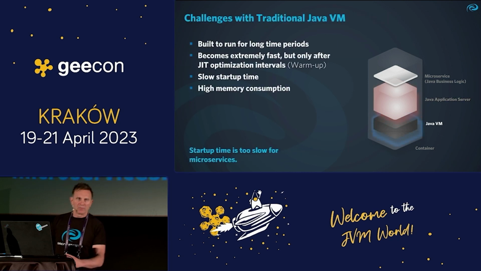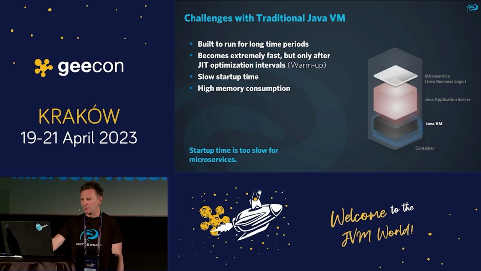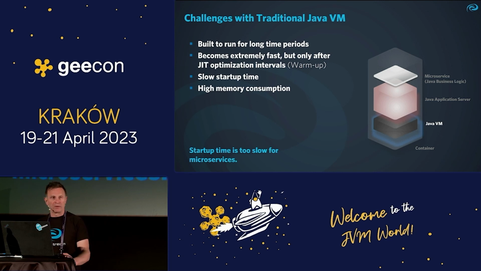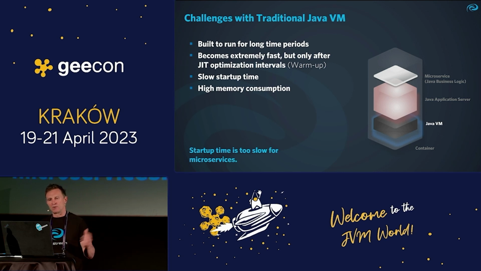What about the JVM? It's the same with the JVM. The JVM was also built for monolithic applications that start once and run for perhaps years without stopping, which means our JIT compiler has a warm-up time, but this was not that important. As soon as the JIT compiler is hot, the JVM is super fast, incredibly fast.